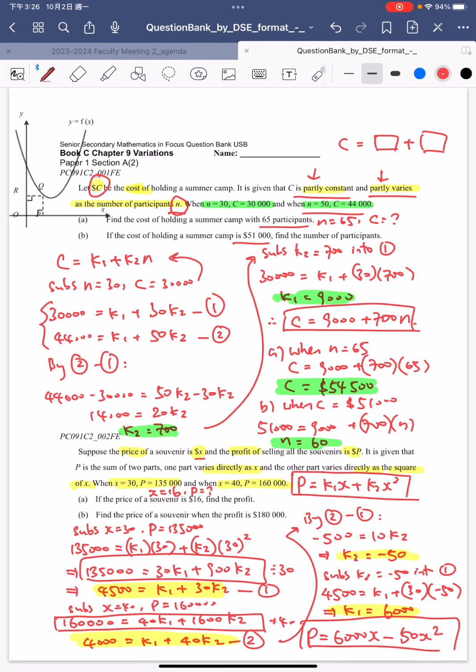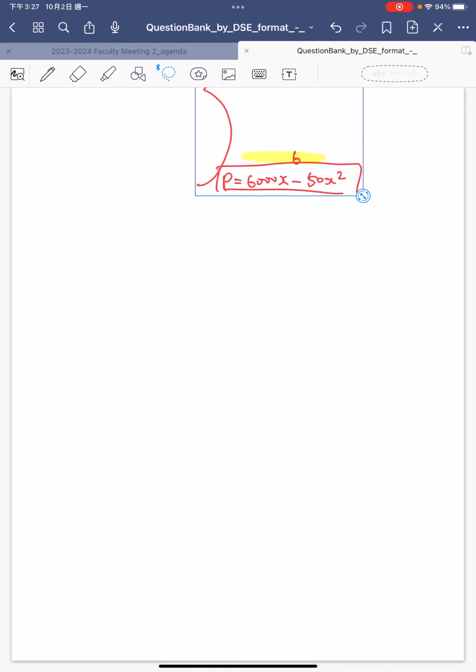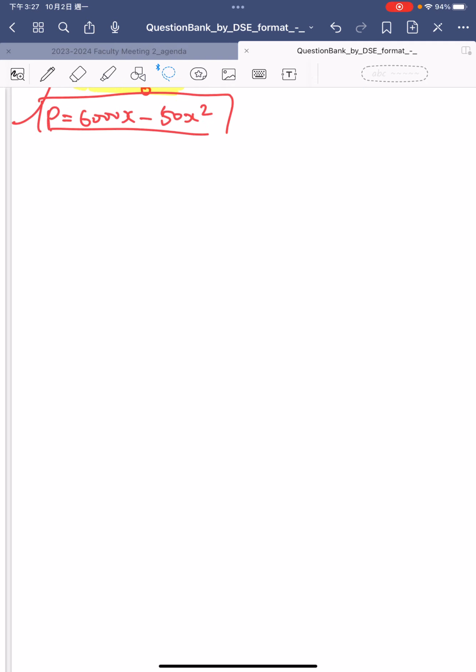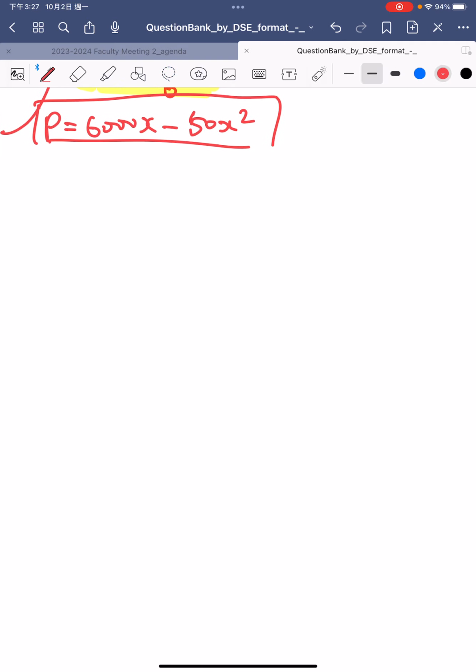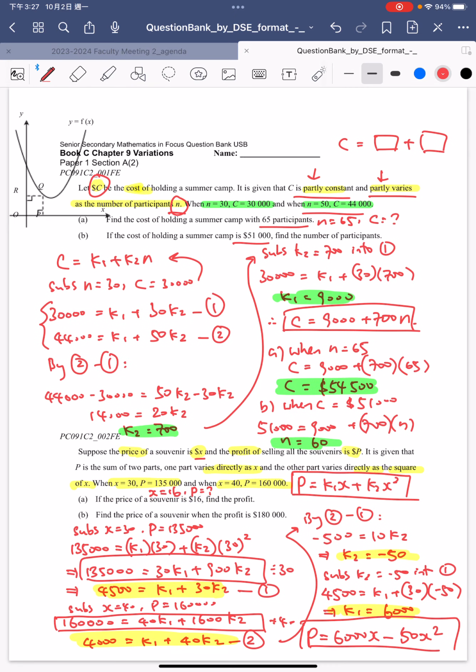So that means we can copy this whole equation here, copy it to the next page. For question A, we have the price, which is the X, equal to 16, isn't it?